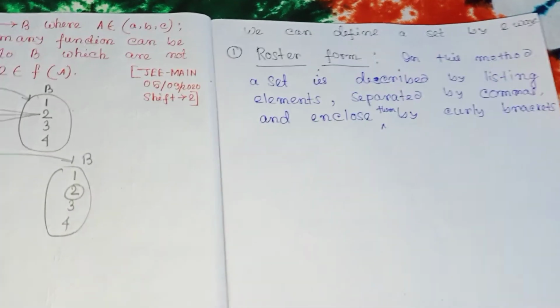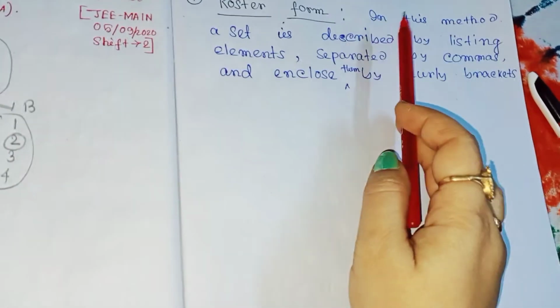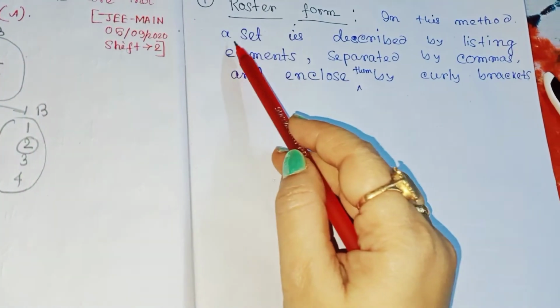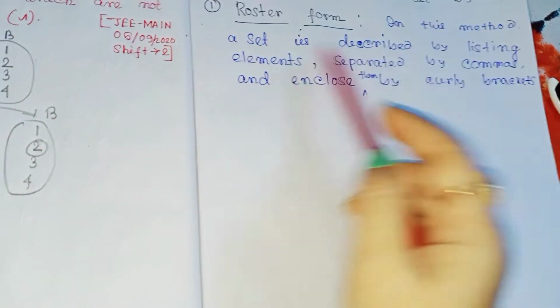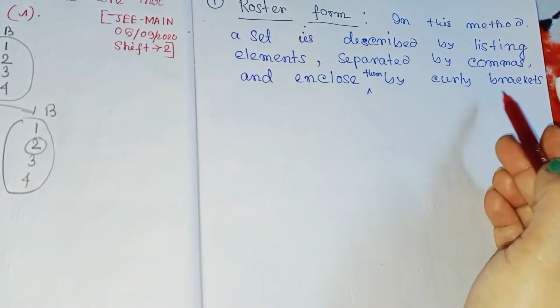So in this method a set is described by listing elements separated by commas and enclosed by curly brackets.